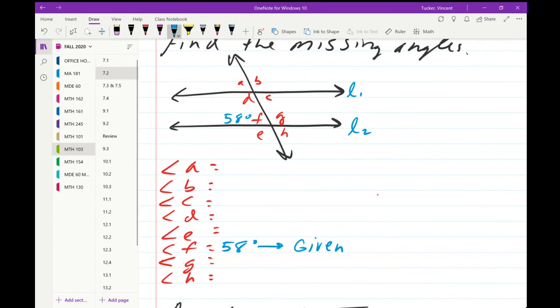All right, so the only one we have at this moment is F. That's given. So it's up to you where you want to start first. It does not matter as long as you use the proper relationships. You'll still be good to go.